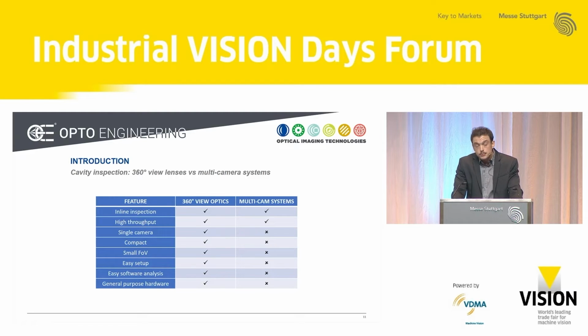And last but not least, 360-degree view optics are basically a general purpose hardware. So when compared to multi-camera systems, they can be adapted to different types of applications, while multi-camera systems are generally specifically tailored for a given task.